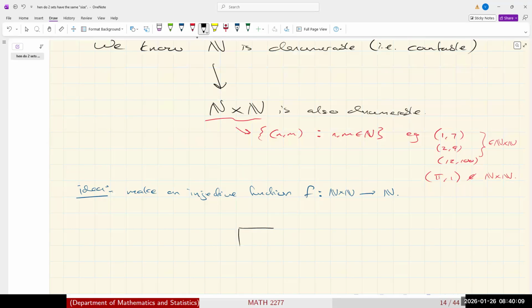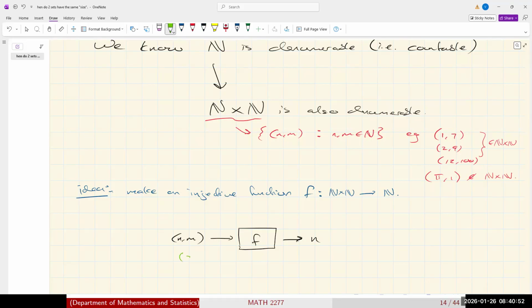So here's the clever construction of this function. The domain of f is N cross N, meaning it takes in a pair of natural numbers (n, m). The output has to be a natural number. But I can't just put any natural number here. For example, I can't just say let the output be n. Because if I do that, watch what happens.